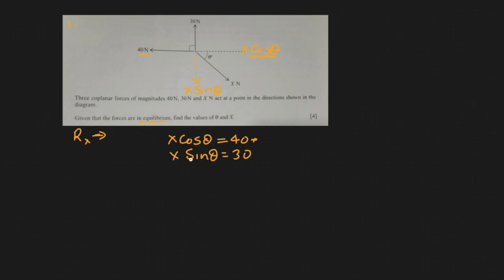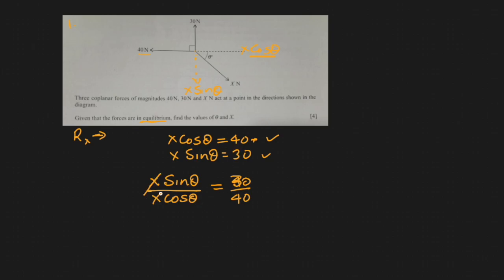Now we have to find theta, so it's better that we divide both sides and it becomes tan. Tan is sine over cos, so I will divide this equation by this equation. So x sine theta over x cos theta, left side of one equation divided by left side of the other, equals 30 over 40, the right sides.